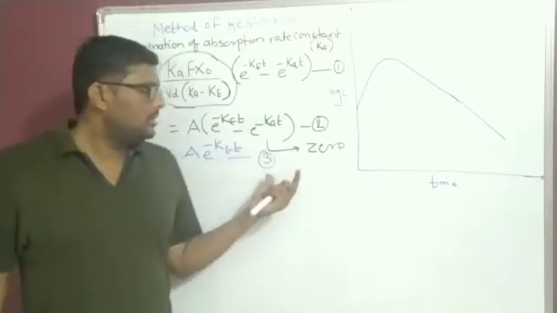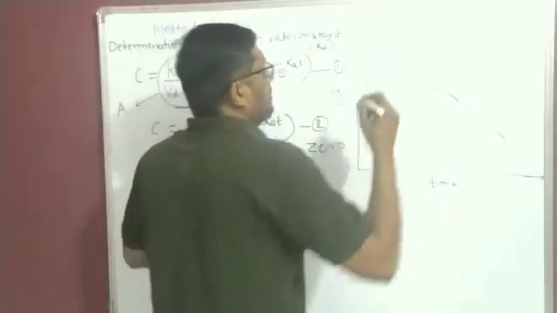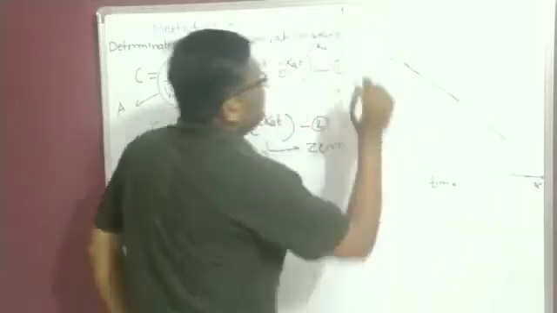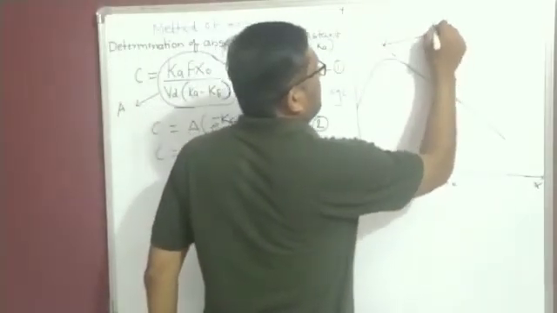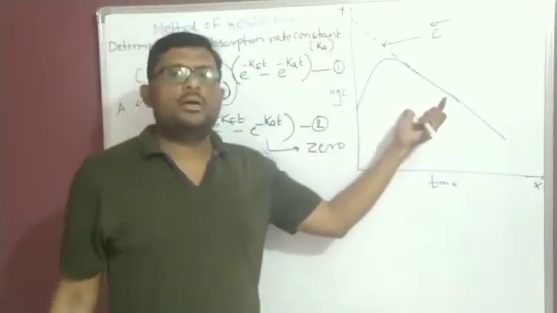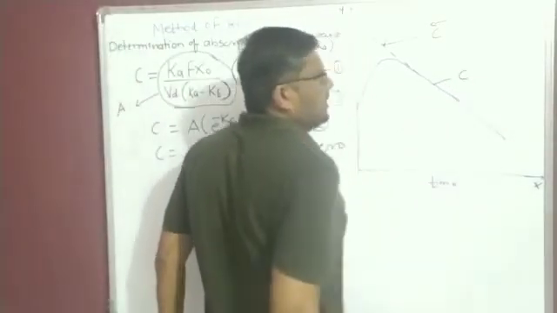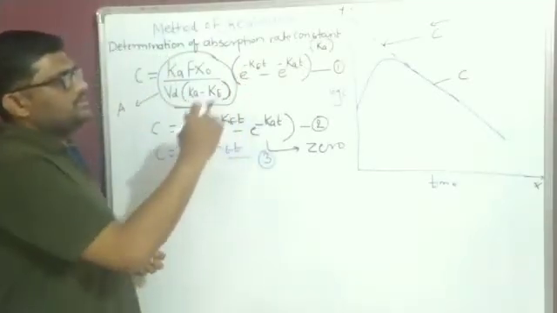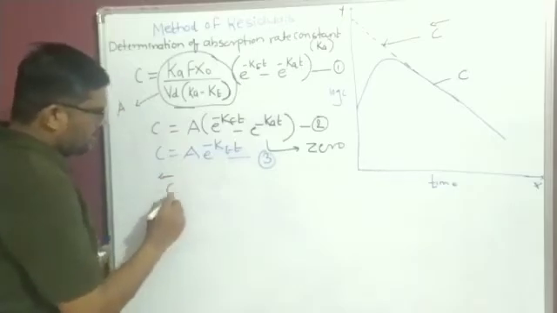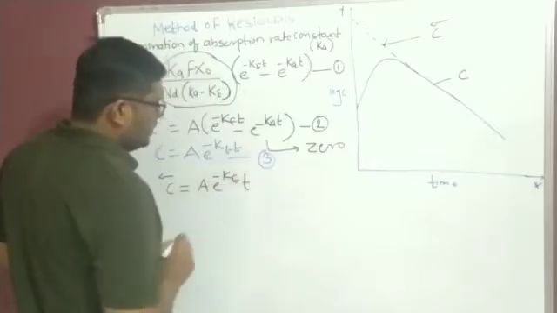Now, if we back extrapolate this curve, it will intercept the y-axis, and that is the back extrapolated plasma concentration value, and this is the true plasma concentration value. We will denote the back extrapolated one as C', so the equation becomes C' = A e^(-Kt).